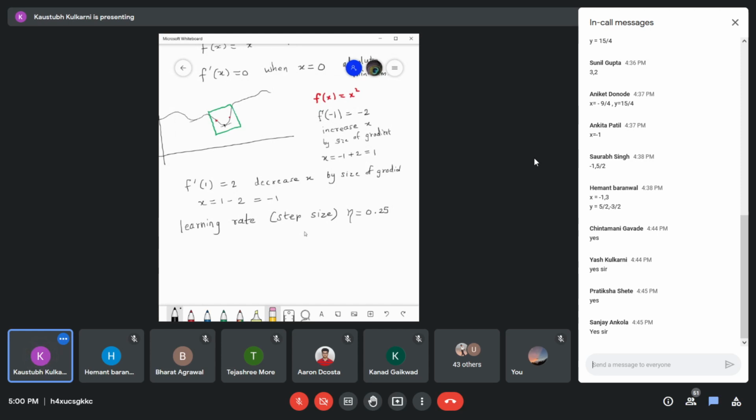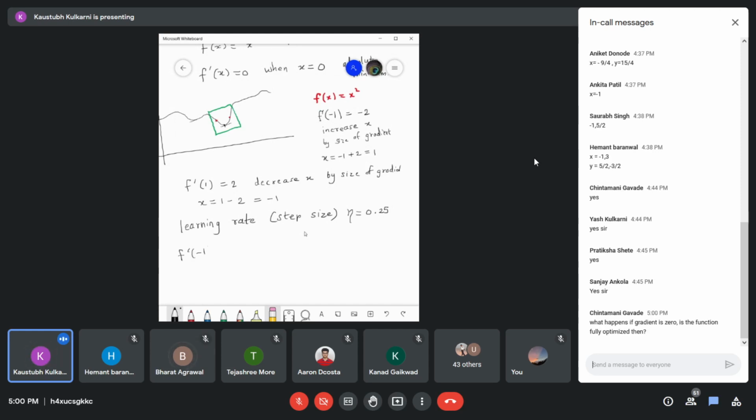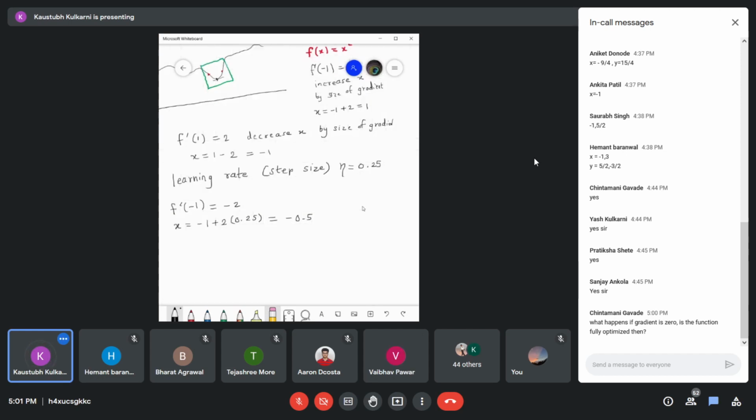So initially we are at -1. Now we want to move in the same direction. -1 plus the gradient multiplied by the step size eta, which is equal to -1 plus 0.5, which is -0.5. So f dash of -0.5 is -1.